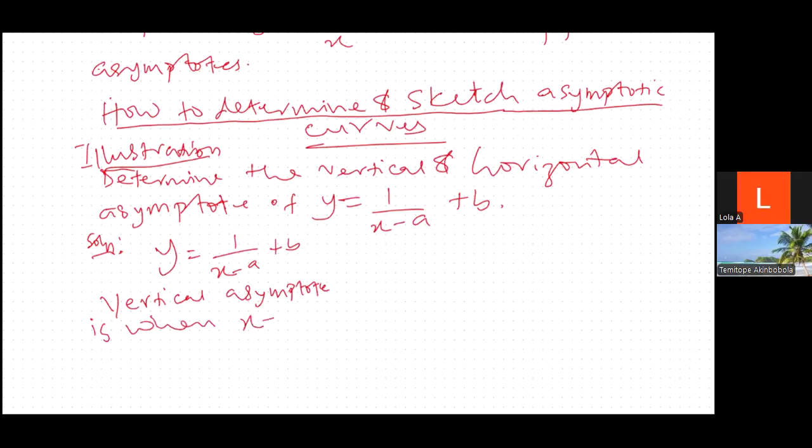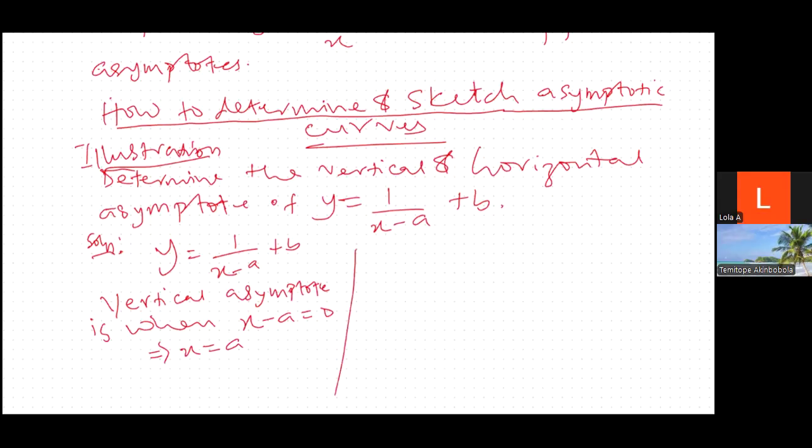You can see that the denominator is here. So we are going to determine the vertical asymptote when this denominator, x minus a, is 0. And that means that x equals a. So that's the vertical asymptote.